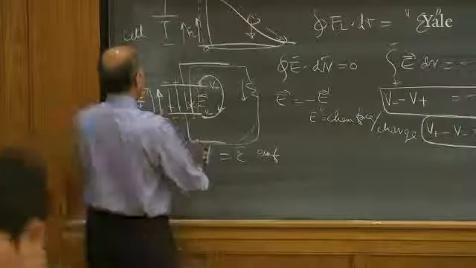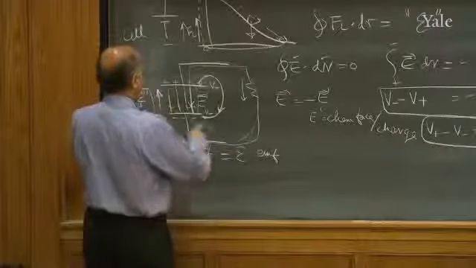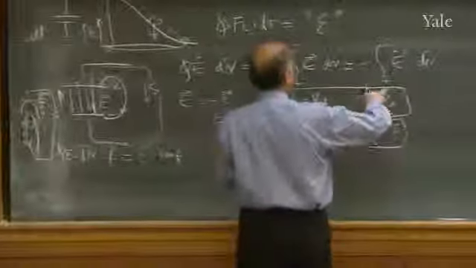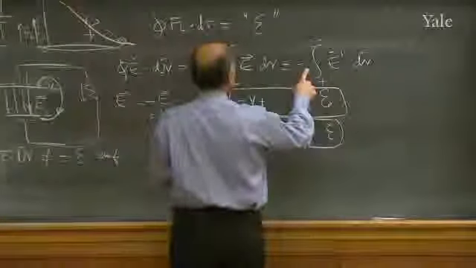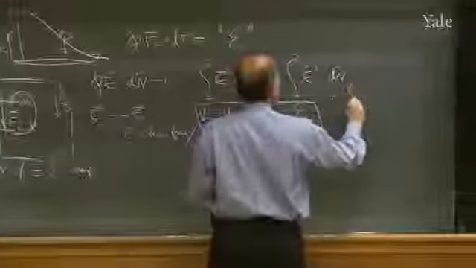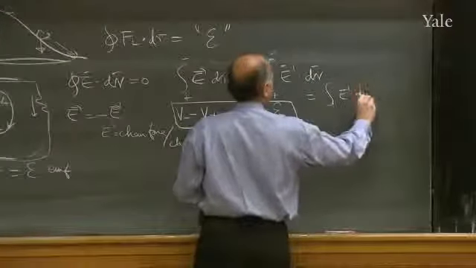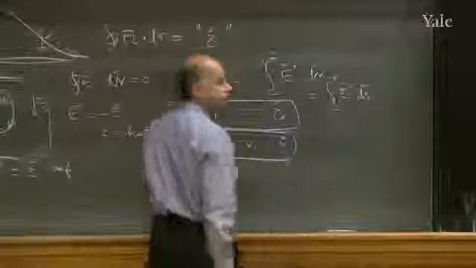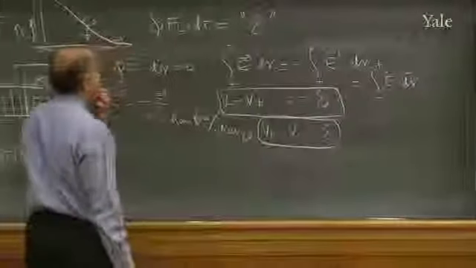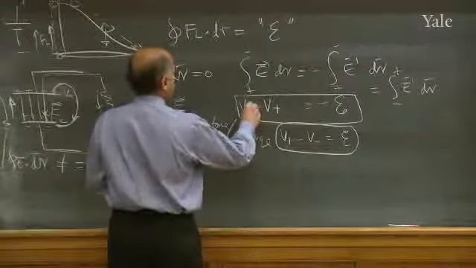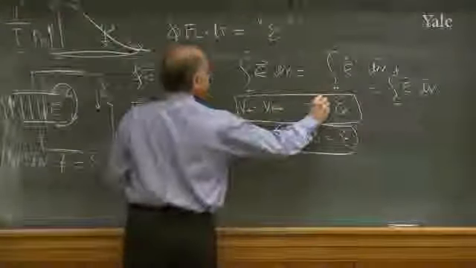That's equal to the integral of minus E prime from here to here, but that's the same as doing it with the polarities reversed in the integral, and that will be the EMF. So that's equal to integral E prime dr from minus to plus. And that'll be equal to V plus minus V minus, if you write it that way.